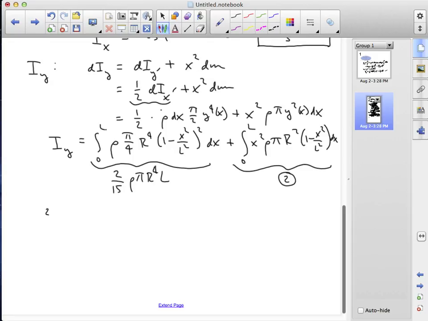So that term, we can pull out the rho pi r squared, and we're integrating from 0 to L x squared minus x to the 4th over L squared dx.